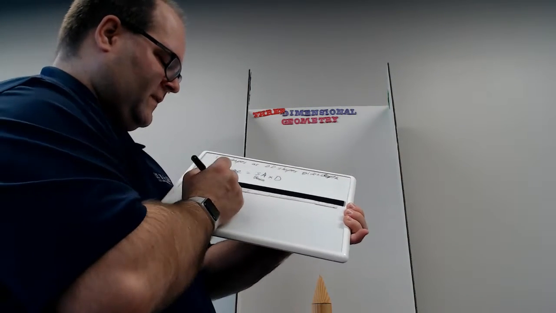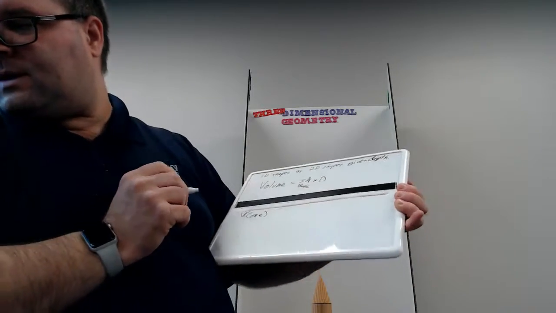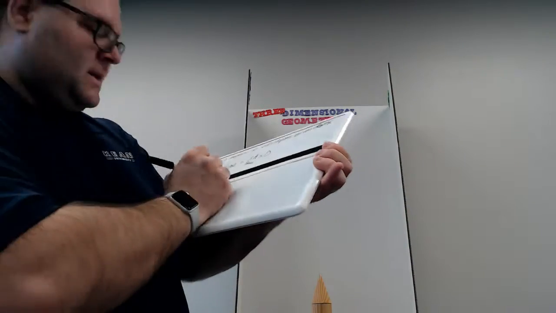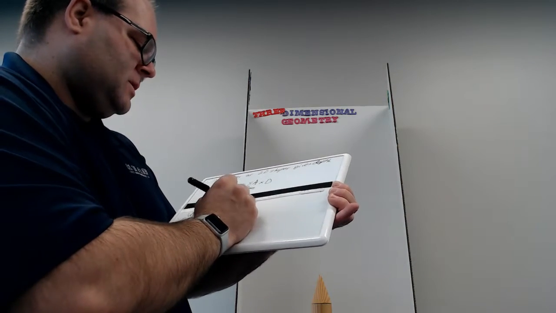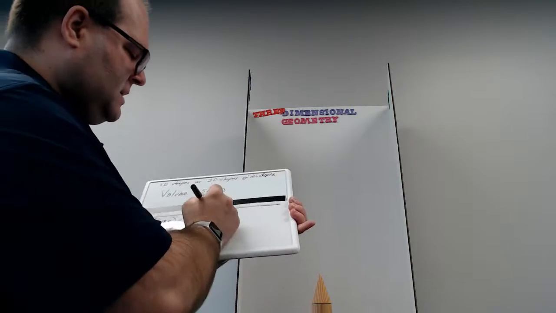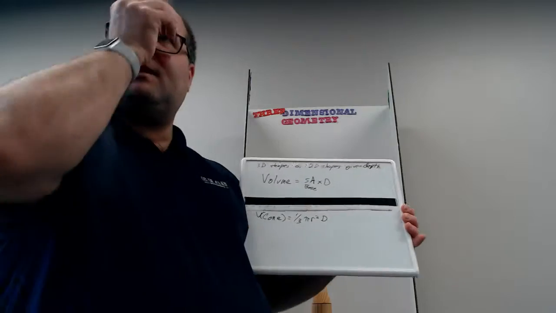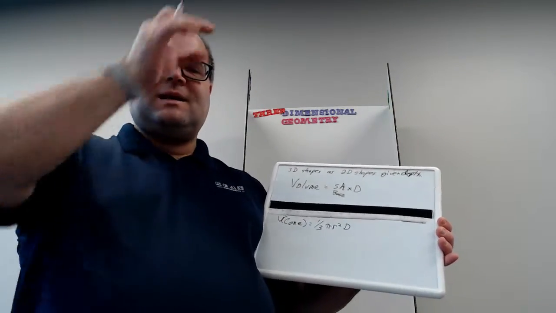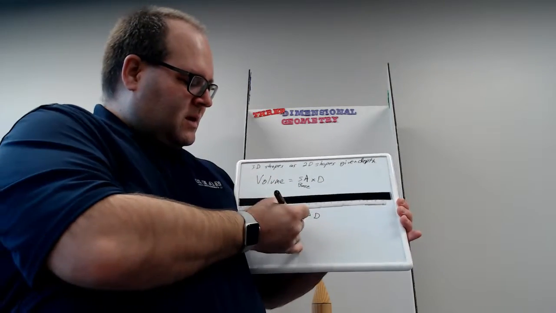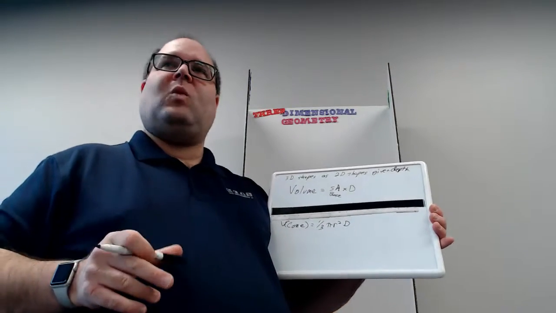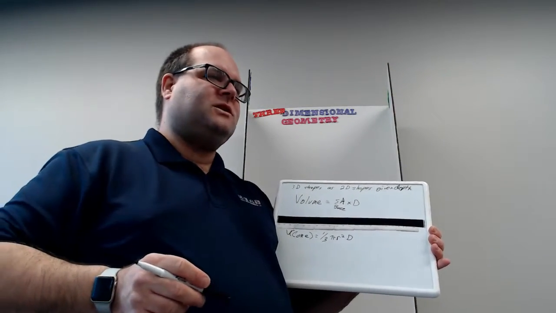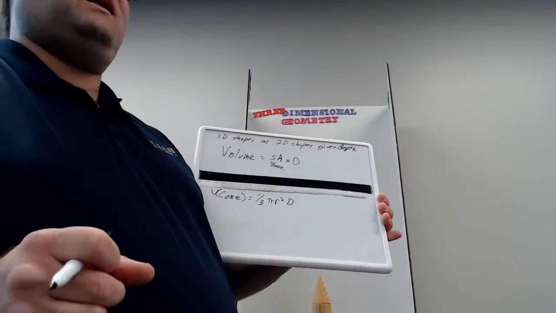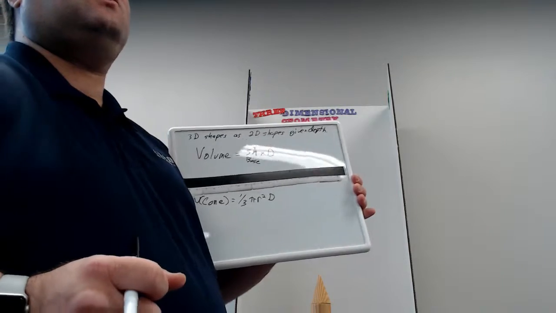So we want to find the volume of a cone, and this is going to be 1/3 times the pi times r squared of the base times the depth. And anytime you have something start out with a wide base and taper up to a point, the volume is only going to be 1/3 of its original size that you would expect if it was the shape of a cylinder or a box.